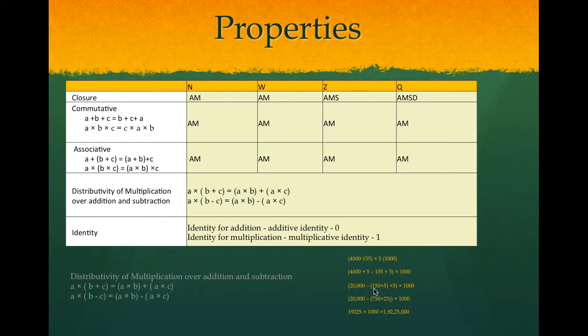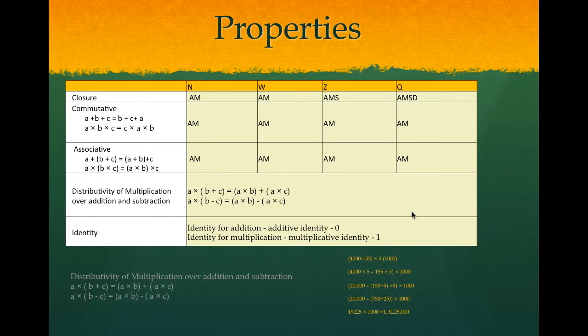So we'll have 5 into 150 which is 750 plus 5 into 5 which is 25. So the summation here will be 775 which is subtracted from 20,000. So we'll get 19,225 which is then multiplied by 1000. So we'll get the answer this. So we saw how we used this distributivity of multiplication over addition and subtraction here.